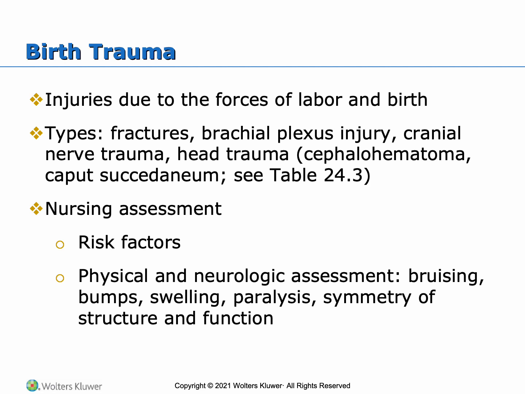The process of birth is a blend of compression, contractions, torques, and traction. When fetal size, presentation, or neurologic immaturity complicates that process, the forces of labor and birth may lead to tissue damage, edema, hemorrhages, or fractures in the newborn.